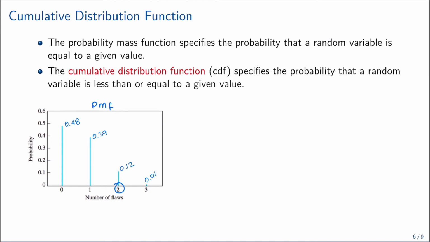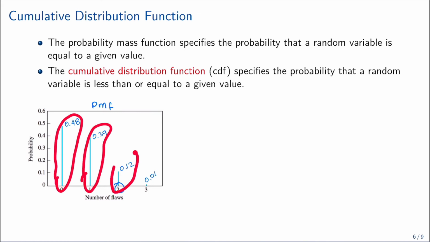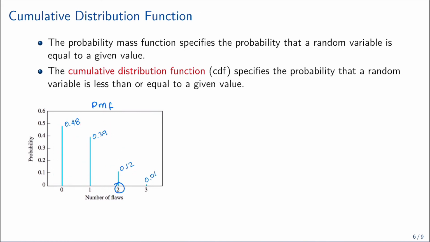We have to add the probability of not having any flaw plus the probability of having one flaw plus the probability of having 2 flaws. We can write that in the following way. F of x, now uppercase F, is equal to the probability that x is less than or equal to a given value.